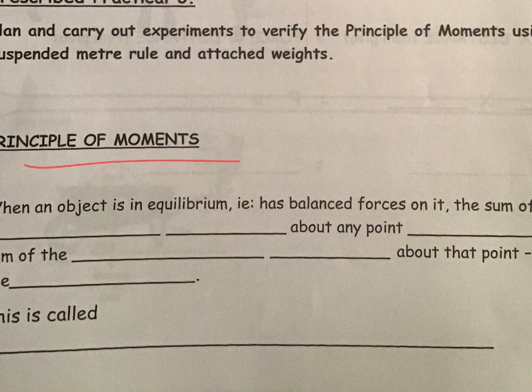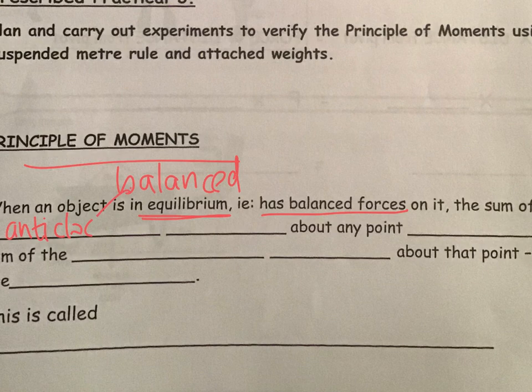So using the principle of moments, we know that when an object is in equilibrium, okay? So in other words, it's balanced. Equal forces are acting on it. So it has balanced forces. The sum of the anti-clockwise moments about any pivot is always equal to the sum of the clockwise moments.